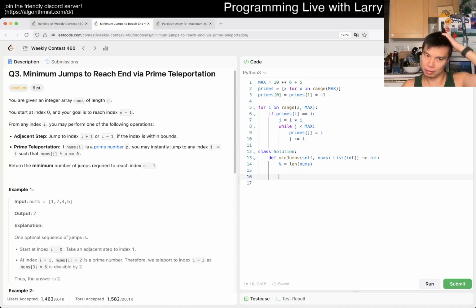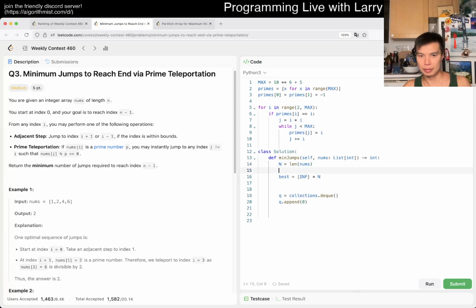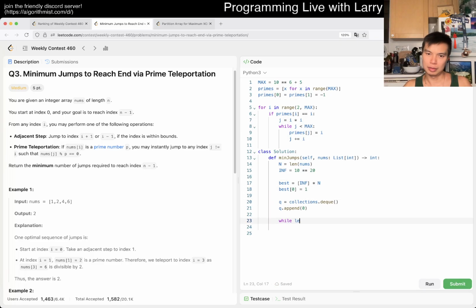I think I was trying to be too clever on things. Just brute force search it, it's fine. Something like this, right? And now we can either go -1 or +1.